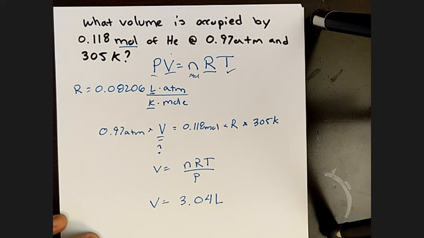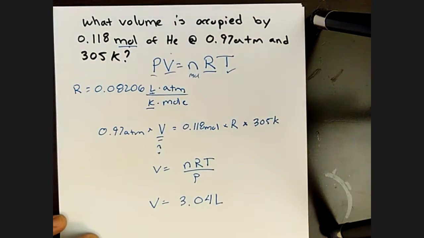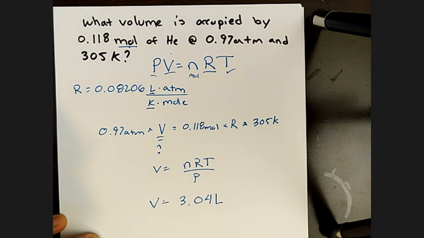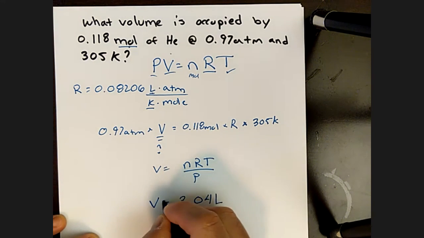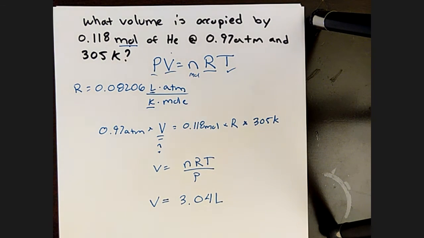The key thing you should be looking for, something that gives away that you need to use the ideal gas law, is the inclusion of moles. Generally, if there are moles involved, it's a good chance that the ideal gas law is the equation you're going to need to use. All right, so that is it for our initial gas law chapter problems.